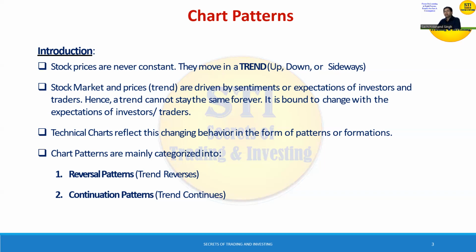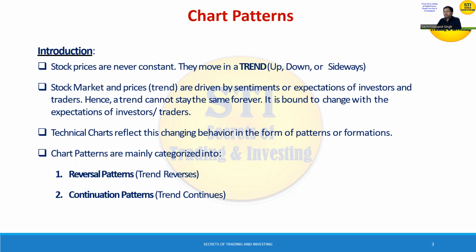That means the price is going up, and after a certain point of time, it starts going down. That is one kind of reversal. Another kind is when the price of a particular stock is going down, and after a certain point of time, it is going to go up. So these two combinations are the reversal of the trend. I mean, up is moving to downwards and down is moving to upwards.